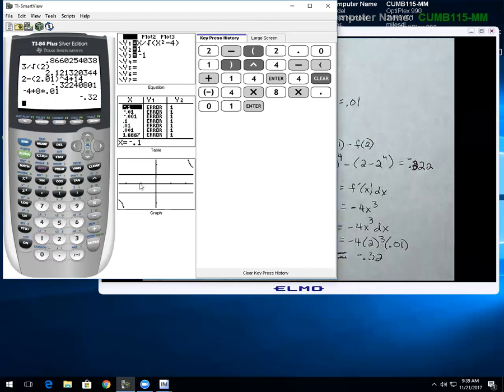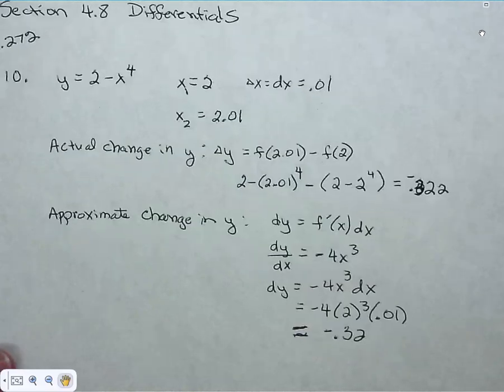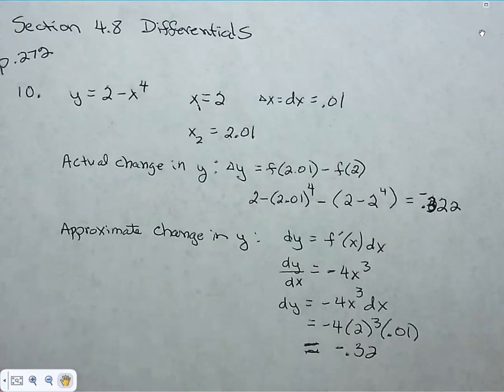All right, so I had the wrong answer written down on my paper, but when I recalculated it, this differential, this approximation of the change in y, was very, very close to the actual change in y.